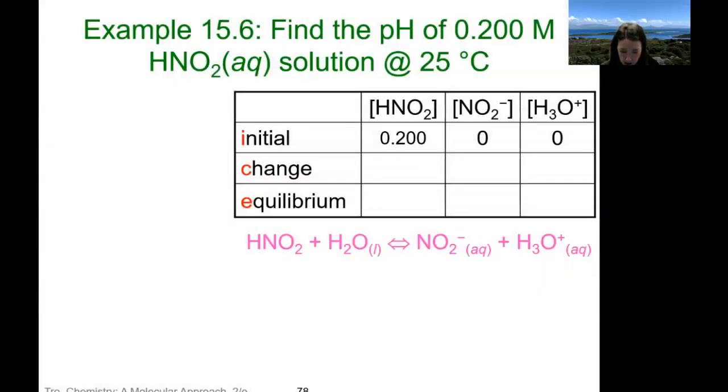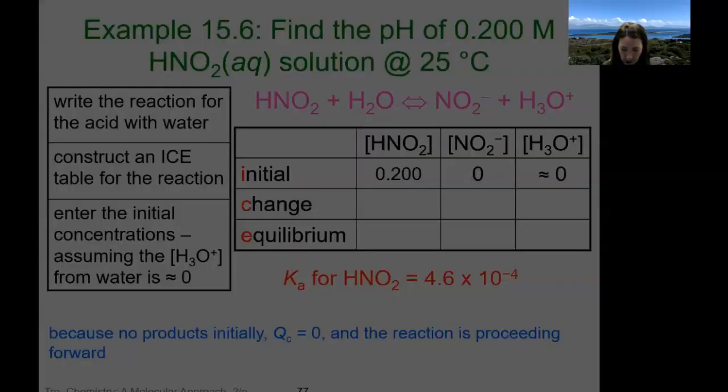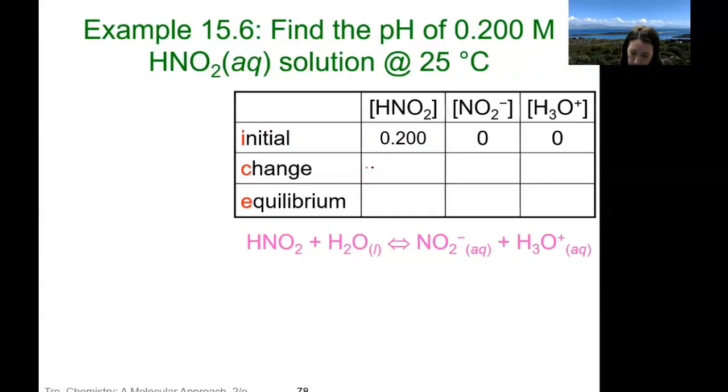So this has to go down, this has to go up, this has to go up. When we have our equation, which I have down here, they're all ones. So it's going to be minus x, plus x, plus x. And it's going to be, again, 0.2 minus x, x, x.